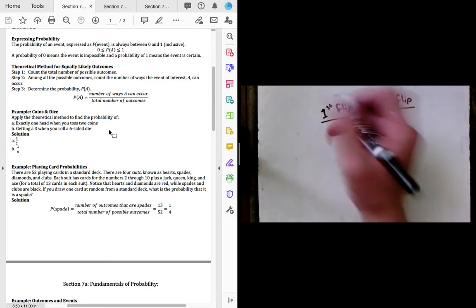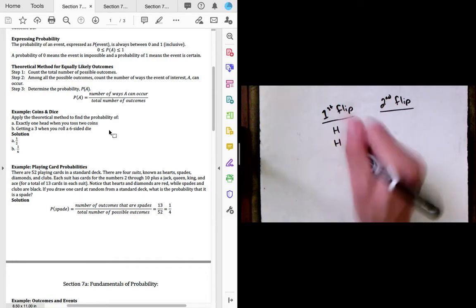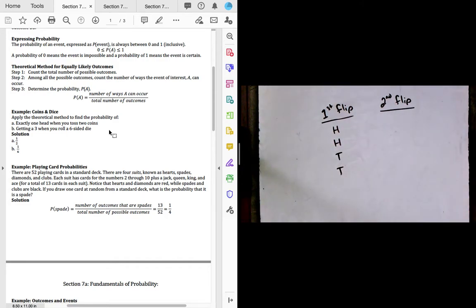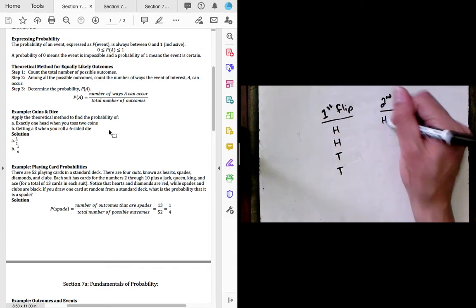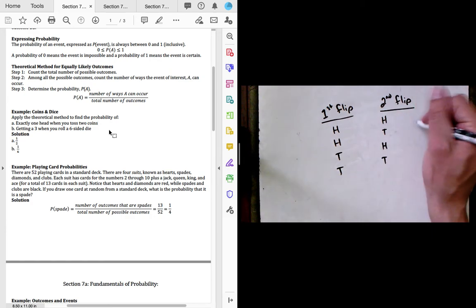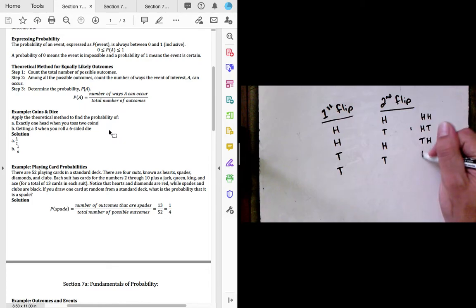Instead of using B and G, now I'm going to use H for heads and T for tails. For my first flip, I'm going to make blocks of 2: heads, heads, tails, tails. The second flip, I can alternate these: heads, tails, heads, tails. This gives us all the outcomes: heads-heads, heads-tails, tails-heads, and tails-tails.